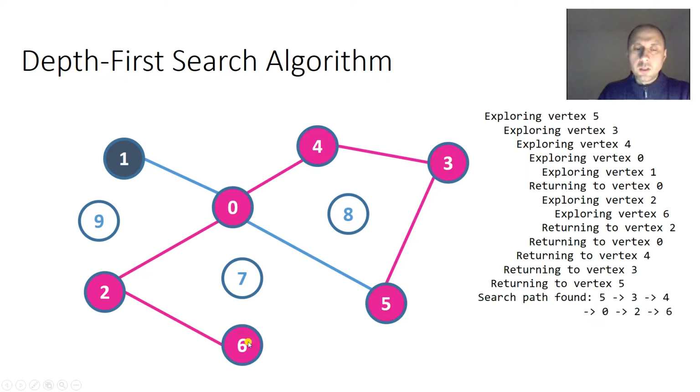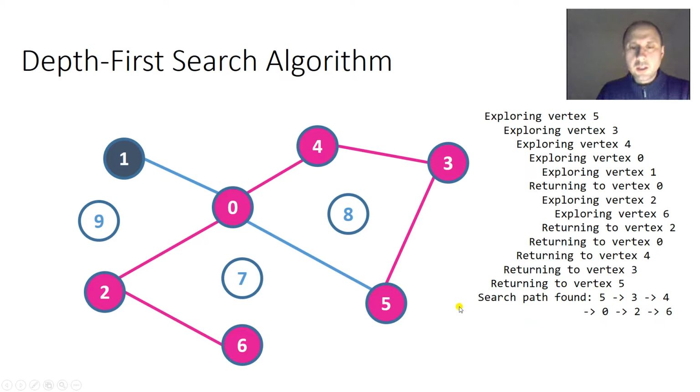By following this search path in reverse, we form our search path in code. It is reversed from the beginning to the end, and it states that by starting at vertex 5, we will go to 3, 4, 0, 2, and 6.